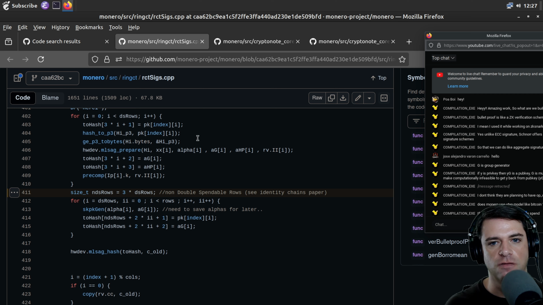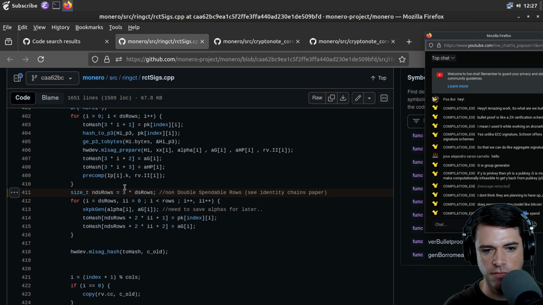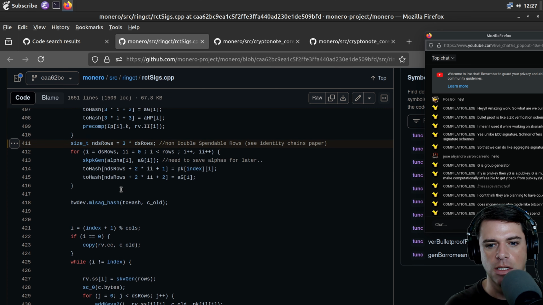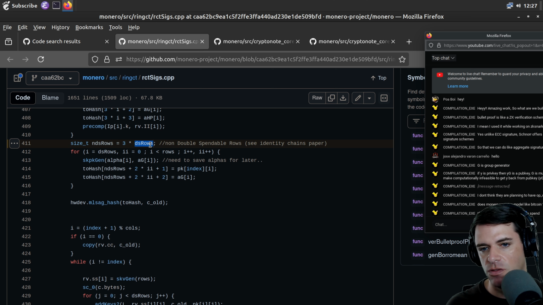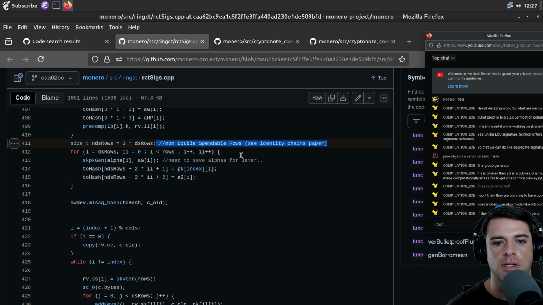Here's RCT sigs. This is the ring CT signature stuff. And we have some size type. So NDS rows is 3 times the DS rows. I don't know what DS is, but I guess these are the non-double spendable rows. See, identity chains paper.